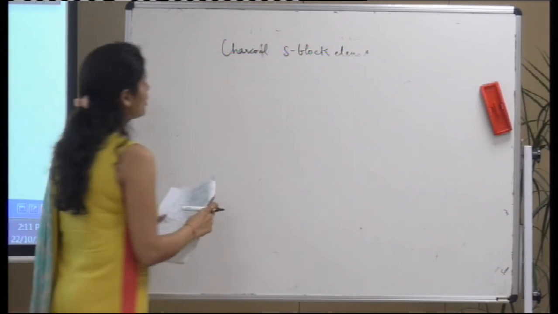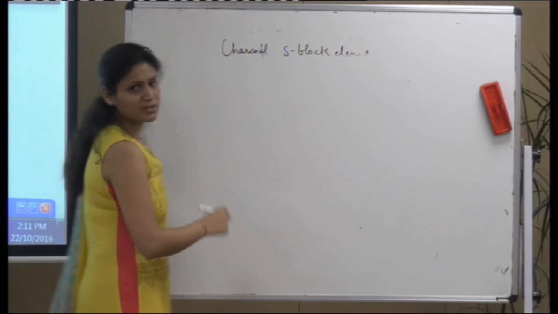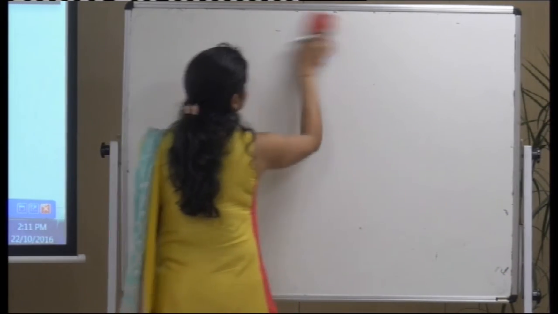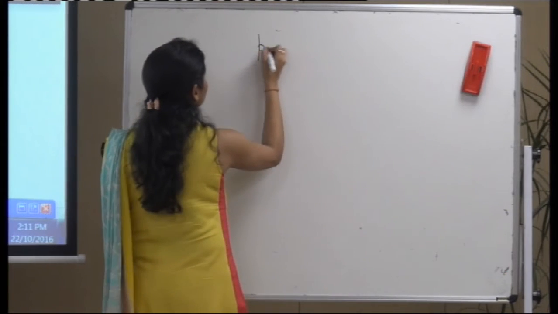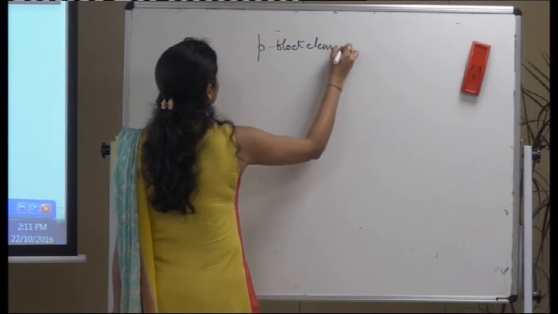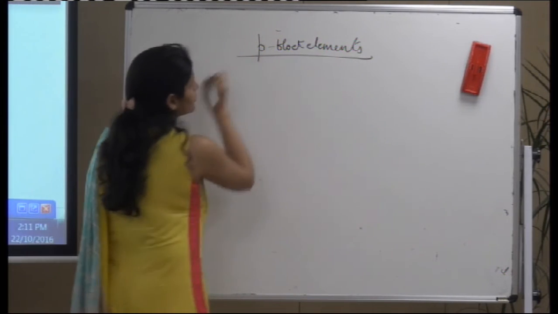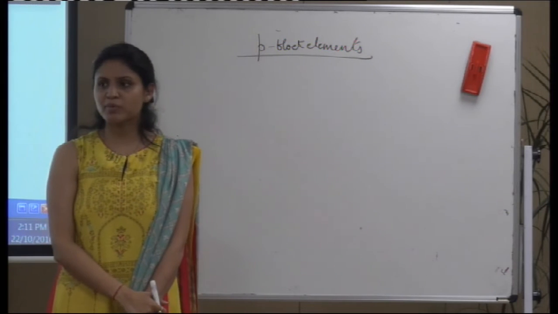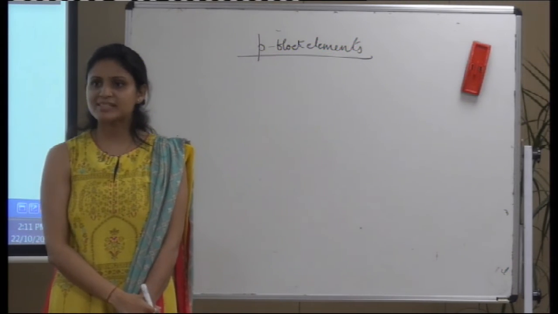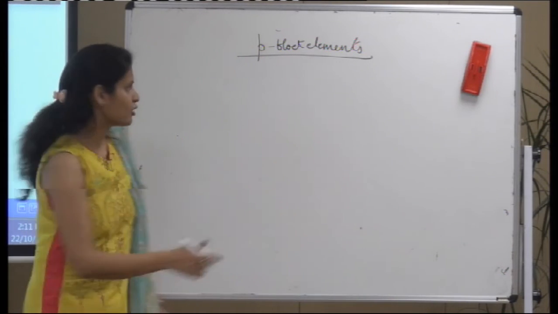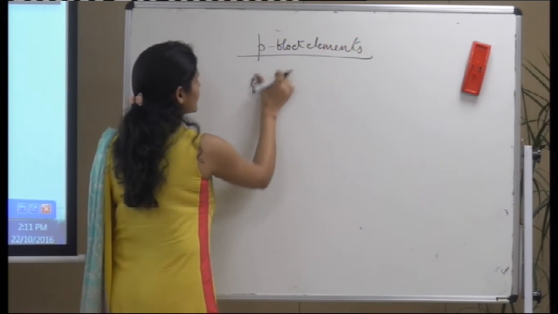So, can we start with the p block elements now? Next we have p block elements. Why are the elements classified in the p block? Because the last electron has been put in the p subshell.